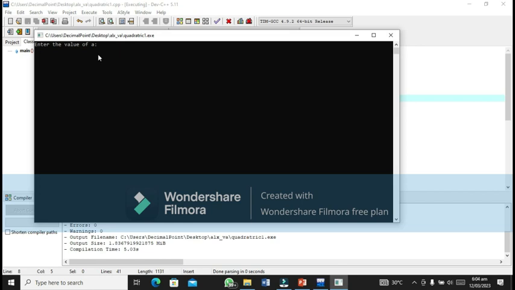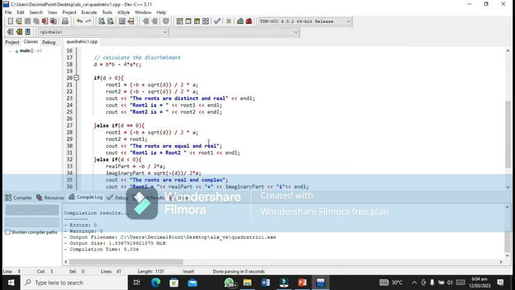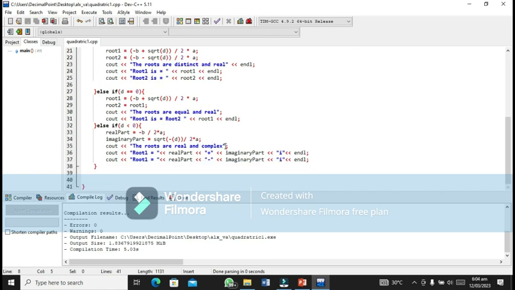So enter the values of a as 1, b as 2, and c as 3. You can see the roots are real and complex. We have root 1 equal to this, and root 2 equal to this.